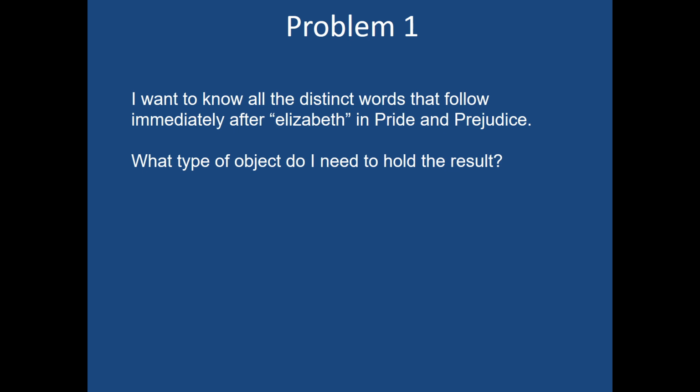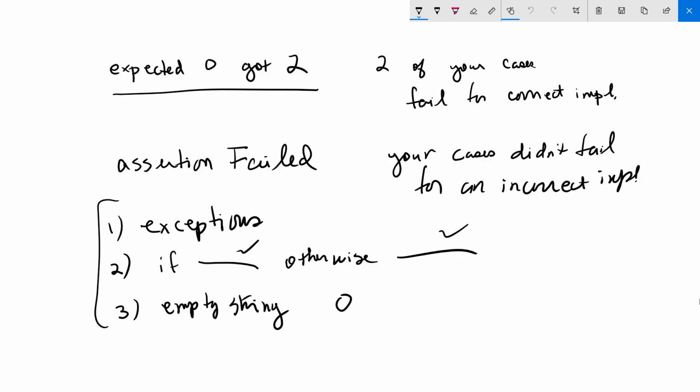Okay, suppose you analyze the book and you find that the word the follows, the word says follows, the word is follows. Okay? Suppose you find those three words that follow Elizabeth in the book. And you want to give the result back as a string. What would be a way to do it? Yeah? Could you just put like a space between each word? Sure. You would say the, and then says, and then is. Okay? That's one way to do it.